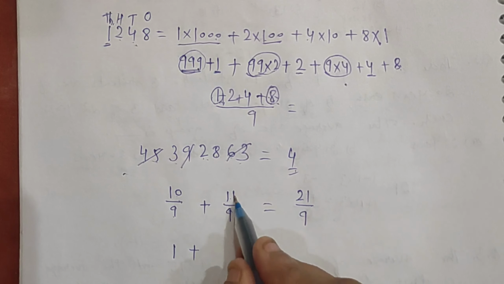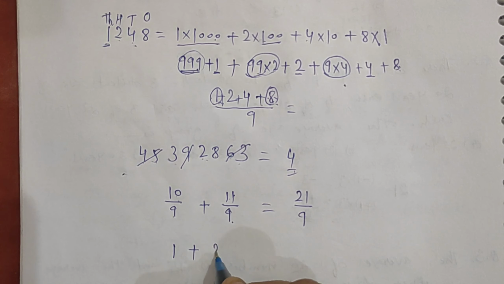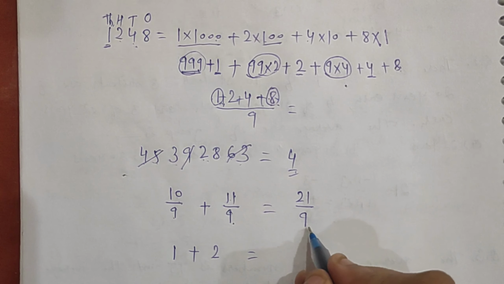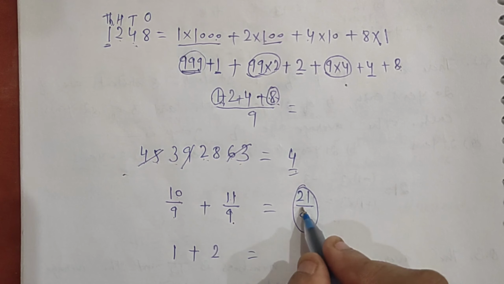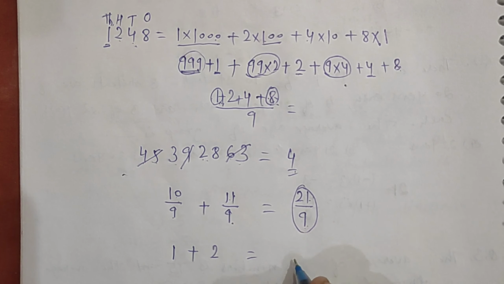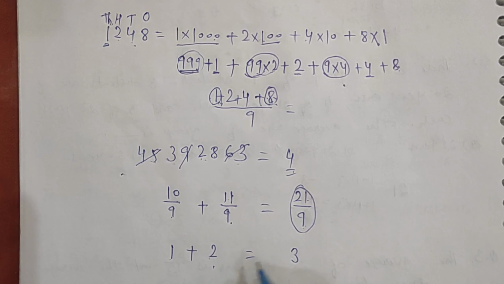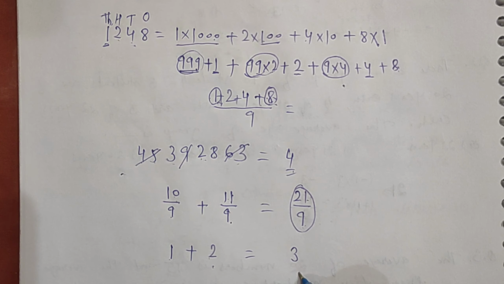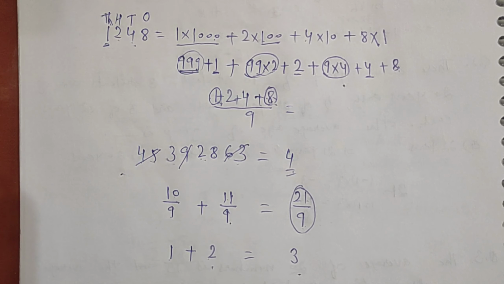If I am dividing 11 by 9, what is my remainder? 2. And if I divide 21 by 9, 9 twos are 18, and what is the remainder? 3. You can see 1 plus 2, in this way also I am getting 3. So this is the main concept that we will be using while solving our question.